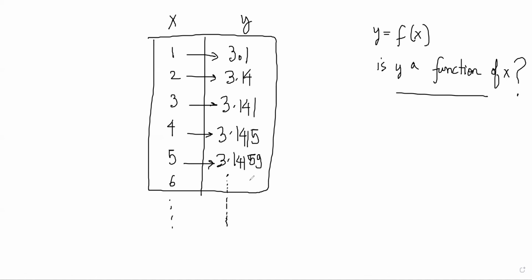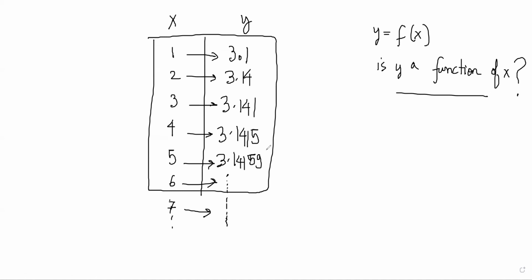Yes, sir. Why? Sir, because every element in X has an image in Y, and it is a unique image. It does not have two images. How do you know that every element has an image in Y? So these are the digits of pi, right?